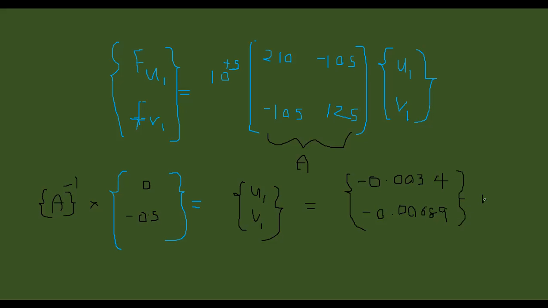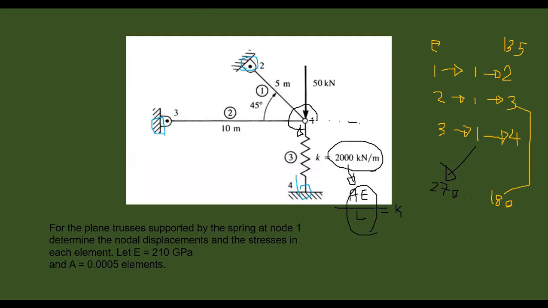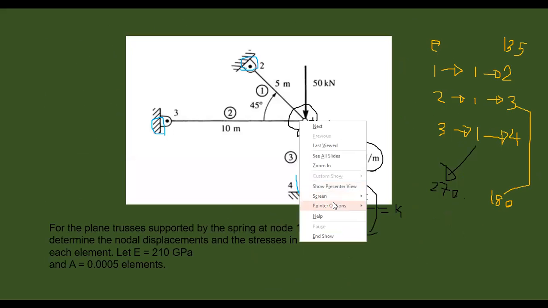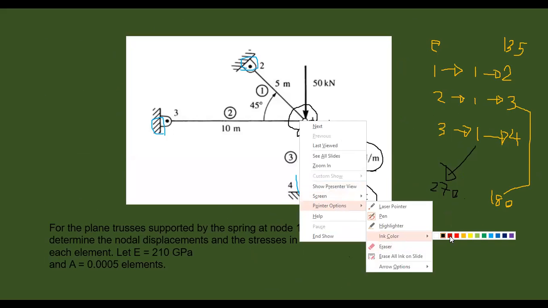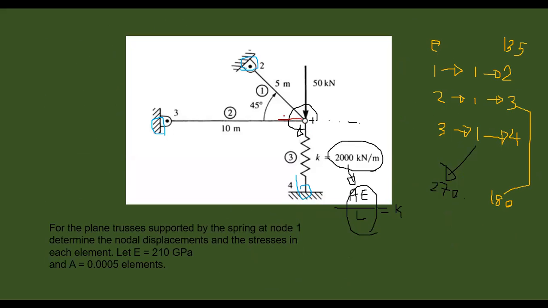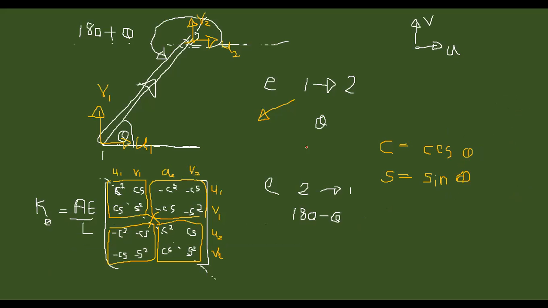So all these are in meters. So that means 3.4 millimeters and 6.8 millimeters. Okay. So these are negative, right? So that means the displacement is actually in this direction and this direction. This direction 3.4 millimeters, this direction 6.8 millimeters, right?